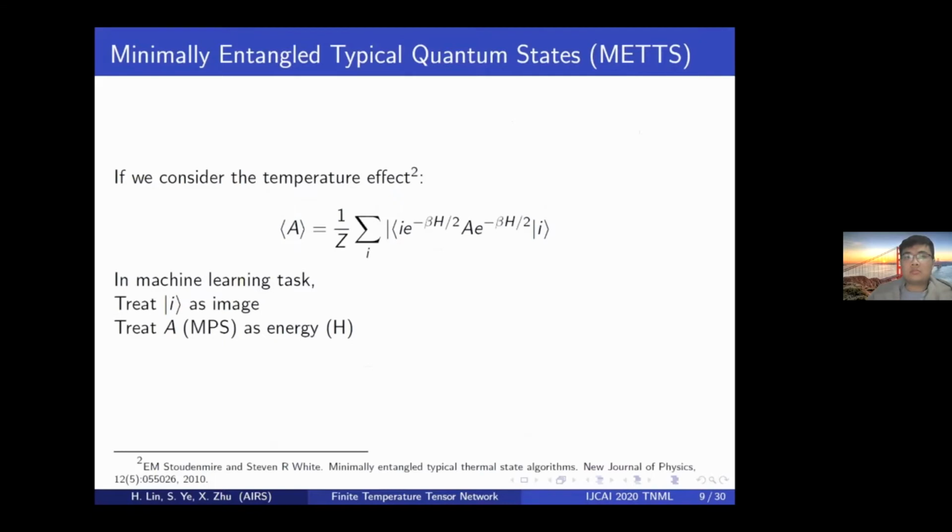Minimally entangled typical thermal states is a very successful algorithm that can simulate finite temperature quantum systems. The main idea of this algorithm is to sample the thermal fluctuations by randomly selecting quantum states rather than classical ones. It can be noticed that the adjustment is the insertion of an exponential term compared with the original expression.